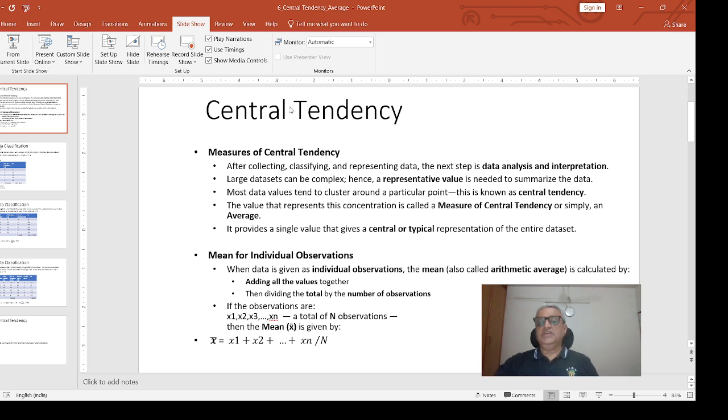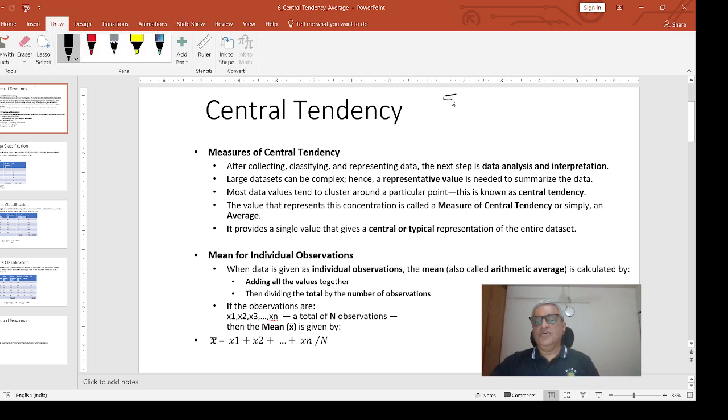Say, for a toy example, if I have 5, 10, 15, and 10 as four observations, and I am asked to find the mean of these observations, what I typically do is add up all these numbers.